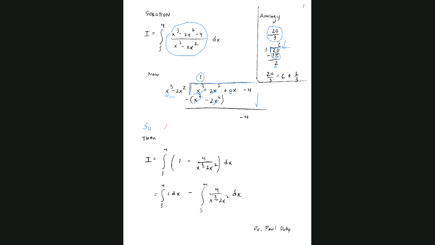So x cubed minus 2x squared minus 4, divided by x cubed minus 2x squared, is going to equal 1 minus 4 all over x cubed minus 2x squared.